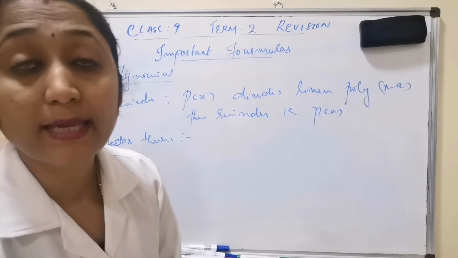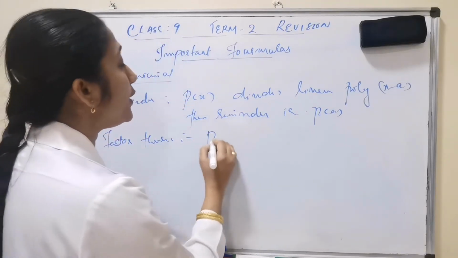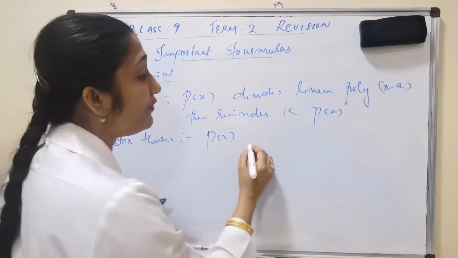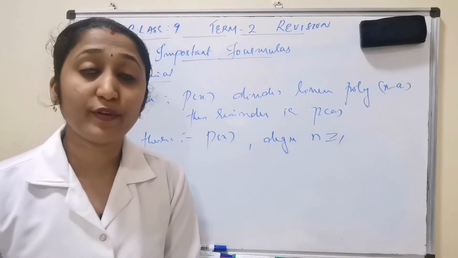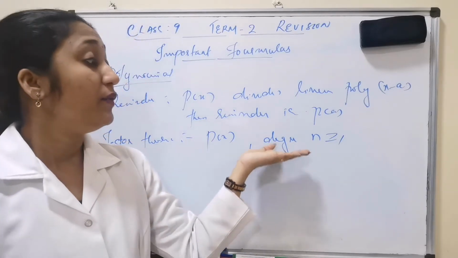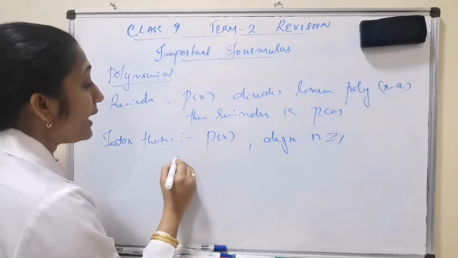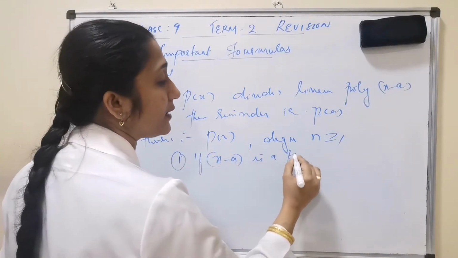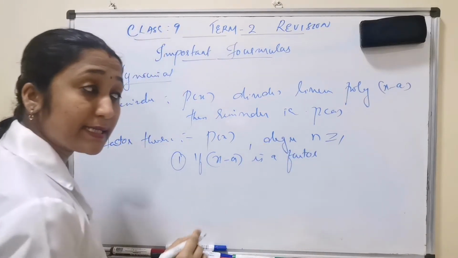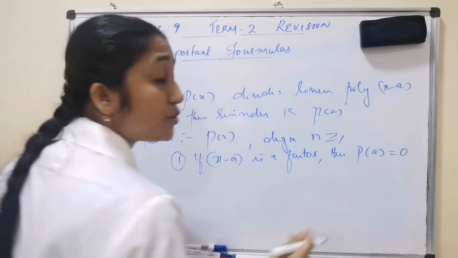In the factor theorem, p of x is any polynomial with degree n greater than or equal to 1. The first condition is: if x minus a is a factor, then p of a equals 0.